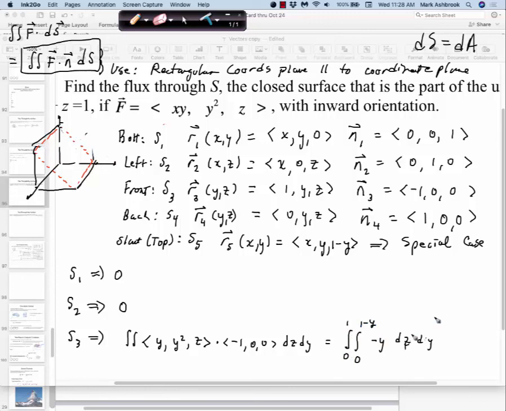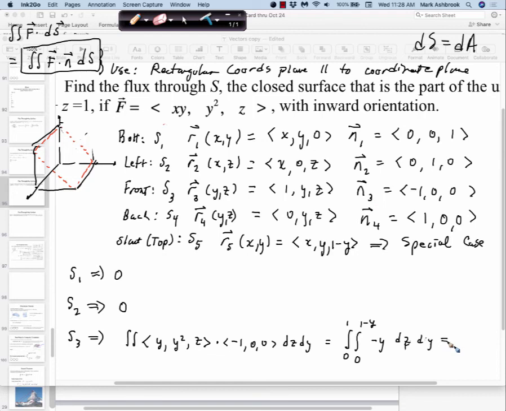All right, let's just make sure we're all on the same page for setting up the double integral for S3. I got the integral of negative y dz dy as z goes from 0 to 1 minus y, and y goes from 0 to 1. Camille likes it. Jacob likes it. And what does that equal?